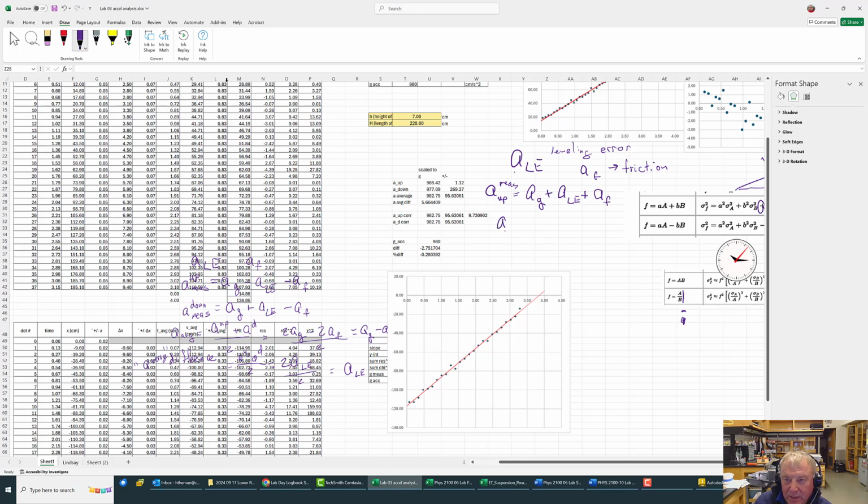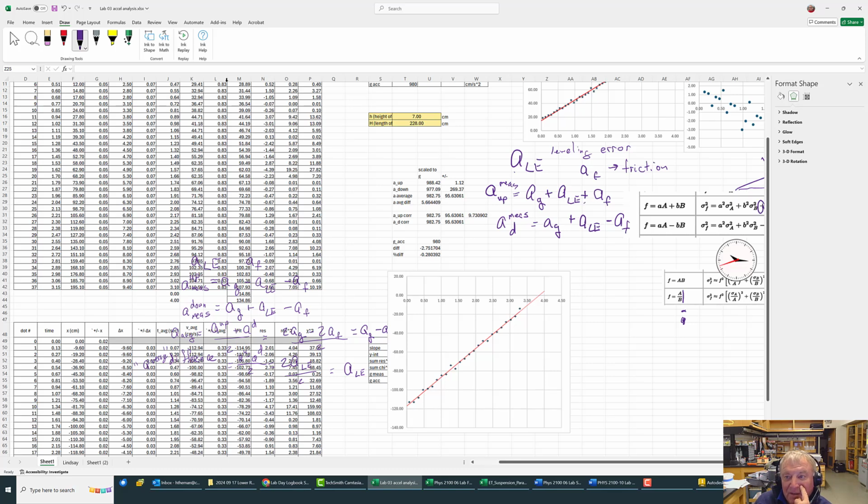Then for A down measured, it's going to equal the acceleration of gravity once again, plus the leveling error. And now, since it's going down the track, the acceleration error caused by friction is going to point up the track, minus. This is different than what I said in class. Don't sweat it.